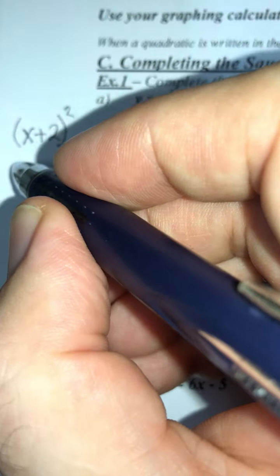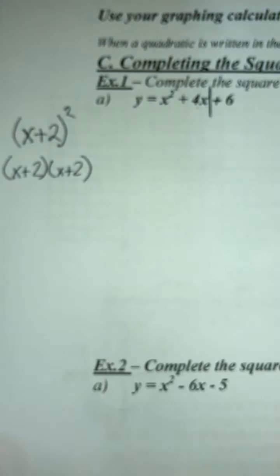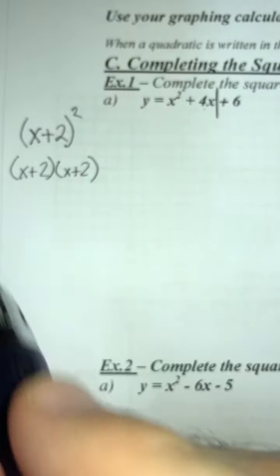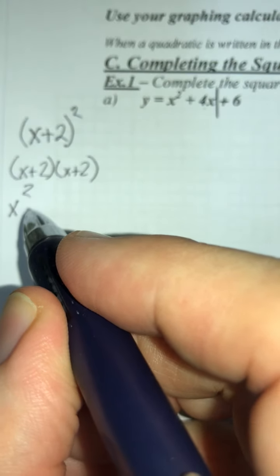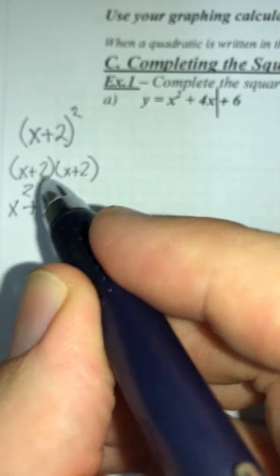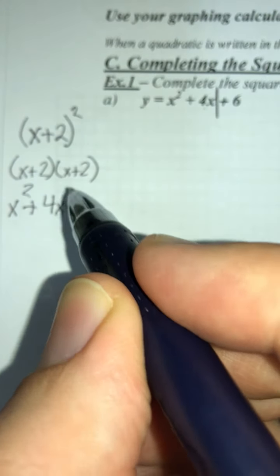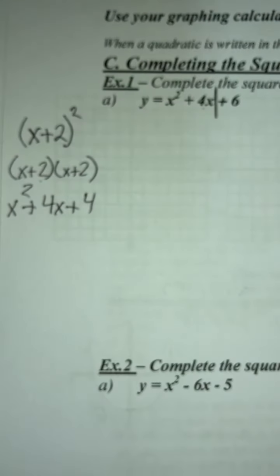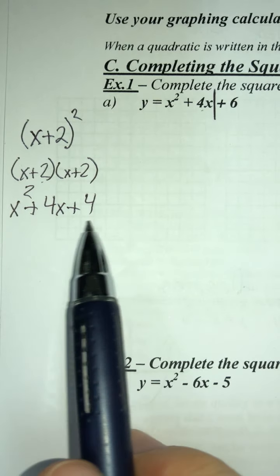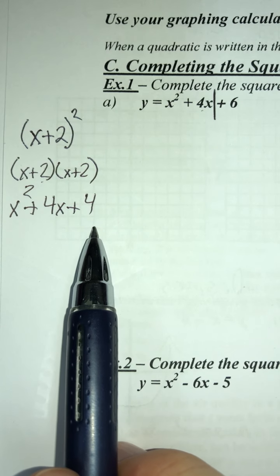So if I do this, x plus 2 squared, as I multiply this out, x squared plus 2x, so I'll get plus 4x, plus 2 times 2 gives me 4. So this would give me a perfect square.